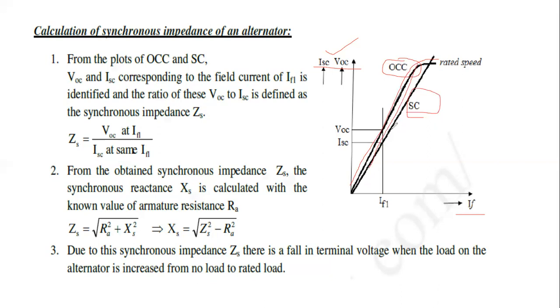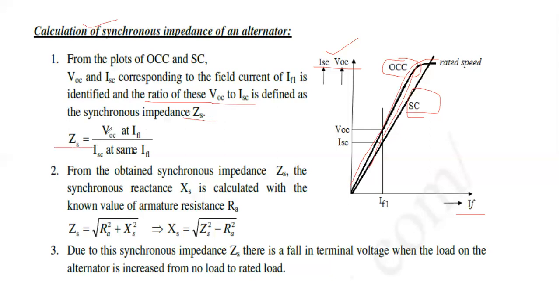After drawing the OCC and SCC characteristics, how do we calculate the synchronous impedance of an alternator? From the plot of the OCC and SCC characteristics, VOC and ISC corresponding to the field current IF1 are identified, and the ratio of VOC to ISC is defined as the synchronous impedance, ZS.